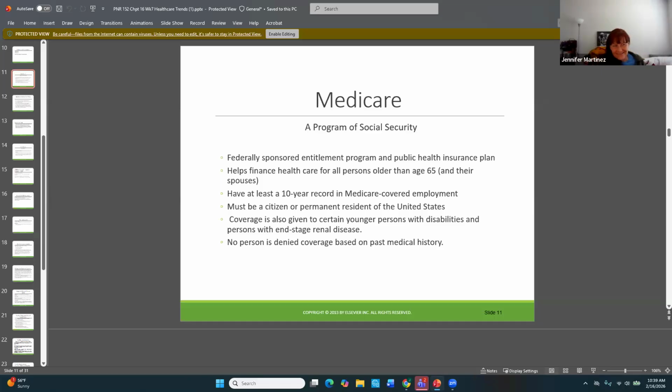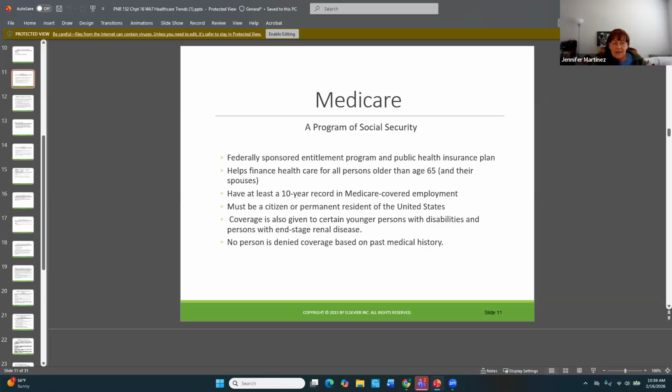So Medicare. In 1965, Medicare was added to the Social Security Act. It is a federally sponsored entitlement program and public health insurance plan. It helps to finance healthcare for all persons over the age of 65 and their spouses who have at least a 10-year record in Medicare covered employment and are a citizen or permanent resident of the United States.